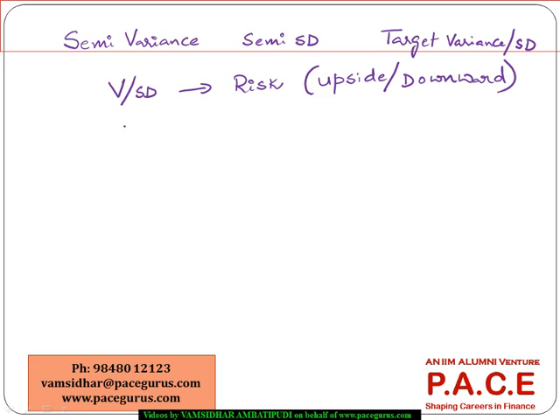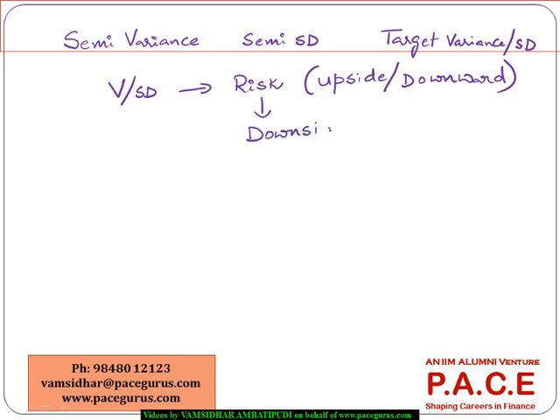But when I use the word risk, I'm not bothered if I'm getting a much higher return than expectation. If I get more than the expectation, it's not a risk for me. Only when I get less than the expectation does it become a risk. So the focus is more on the downside only.